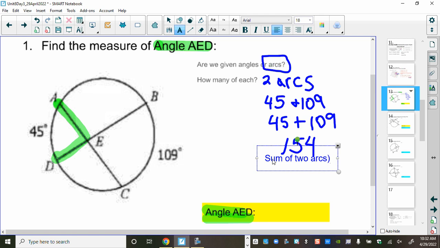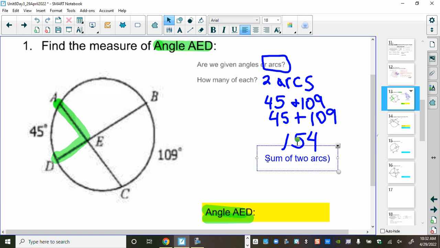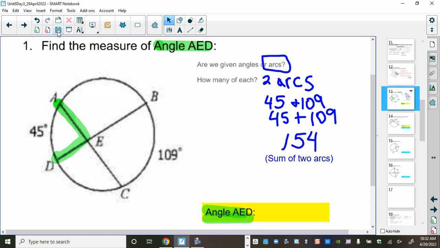That's the sum of the 2 arcs. Now, okay, here's what we're going to do next. Sum of the 2 arcs gives us 154. Now, after that, we will do the following.